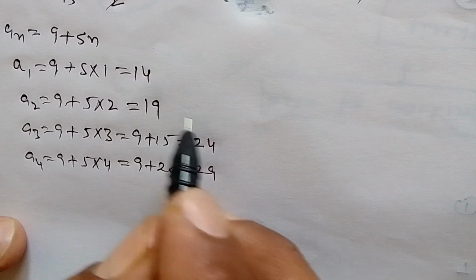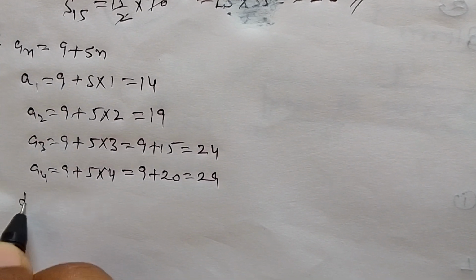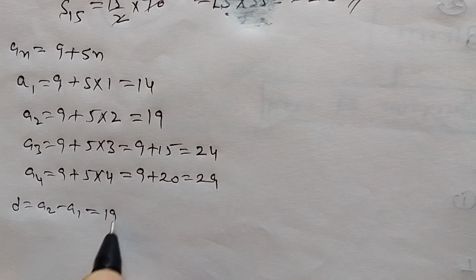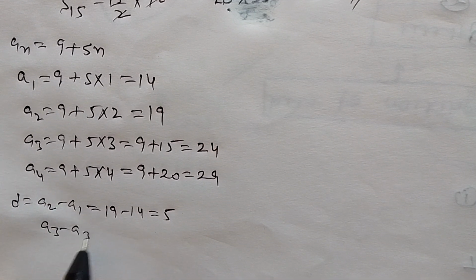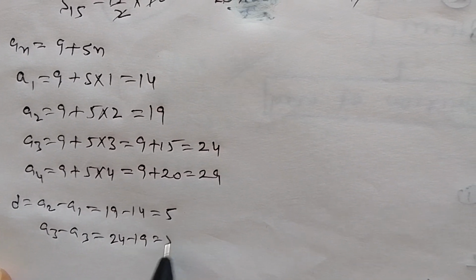So from these four terms we came to know the difference is the same. We will calculate the common difference d as a2 minus a1, second term minus first term. 19 minus 14 comes out to be 5. Then a3 minus a2, third term minus second term, that is 24 minus 19, which is also 5.